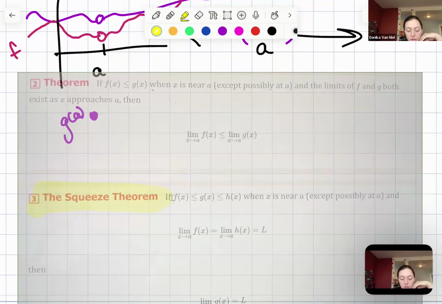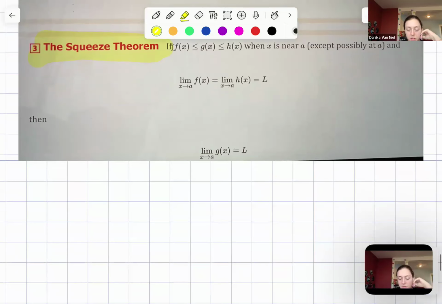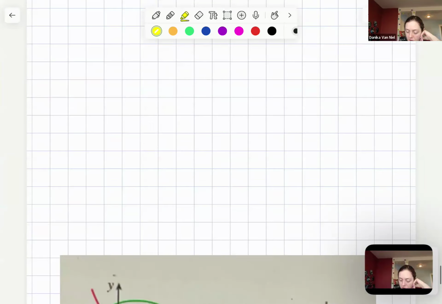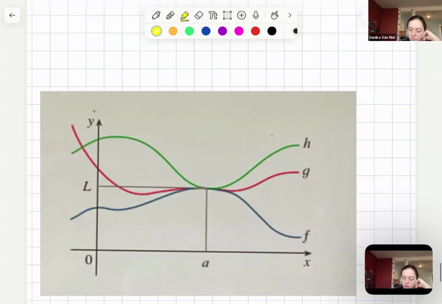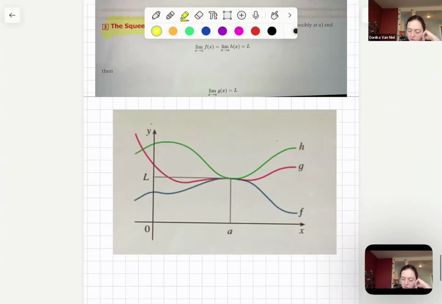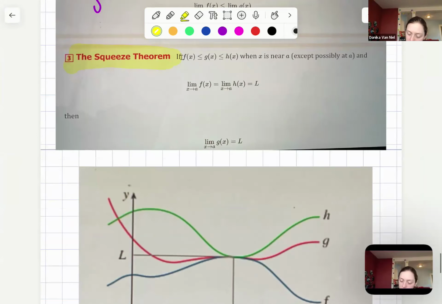Once again, I don't expect y'all to fully understand this on the first go around, but thankfully we'll have practice with it. Where's my picture? This I stole from your textbook, and I really like this picture. Let me show the squeeze theorem as well.